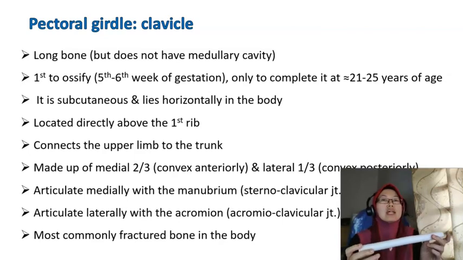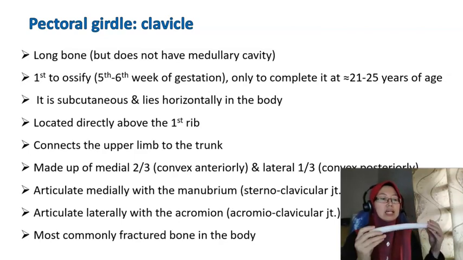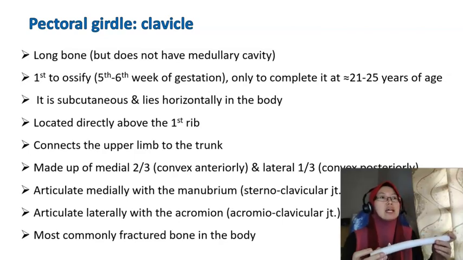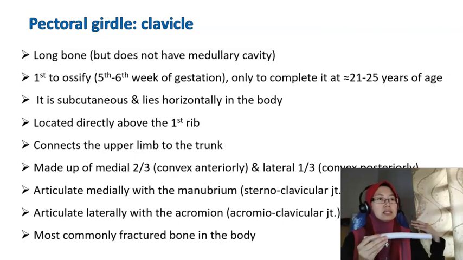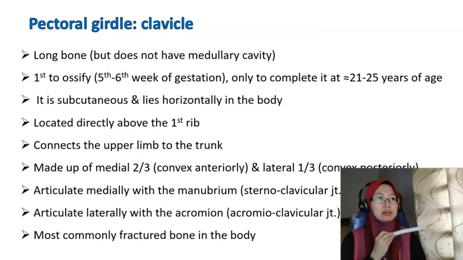Okay, and it lies subcutaneously and horizontally in your body, and it is situated directly above the first costal rib. It connects the upper limb to your axial skeleton, this clavicle.